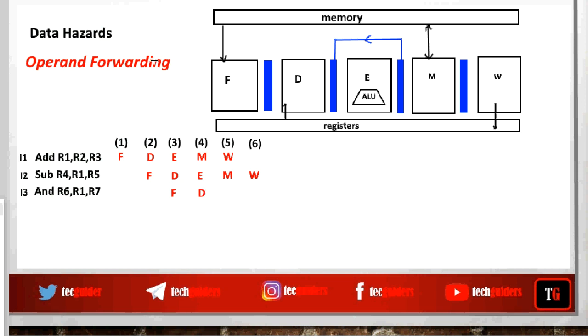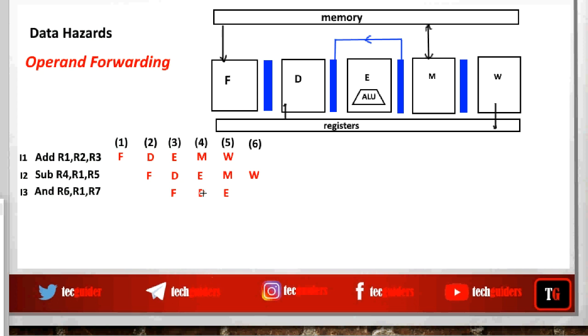Now can we use operand forwarding, if that data is available somewhere within the pipeline? This instruction needs that data for execution, hence it needs the data at least at the beginning of the execution stage or at the end of the decode stage.